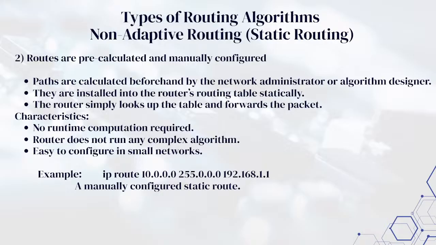The router simply looks up the table and forwards the packet. The characteristics of this approach are that no runtime computation is required, the router does not run any complex algorithm, and it is easy to configure in small networks.